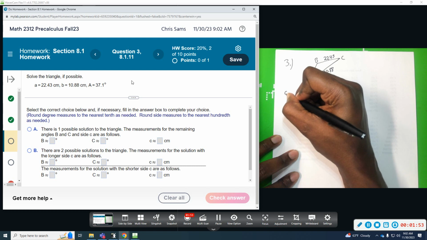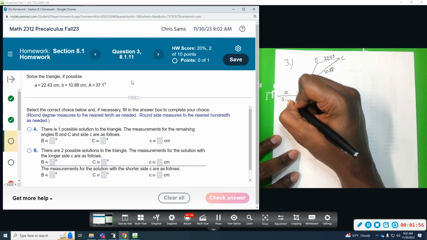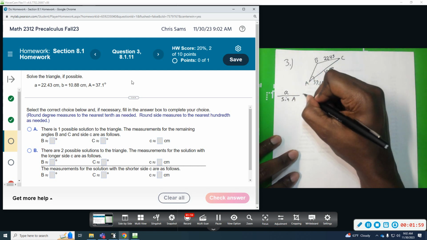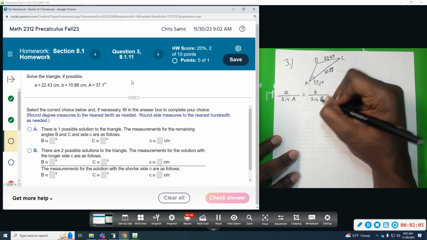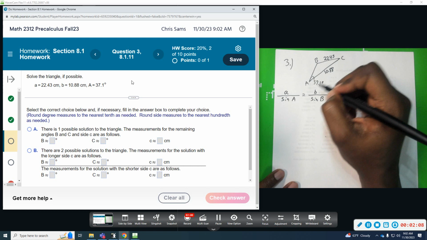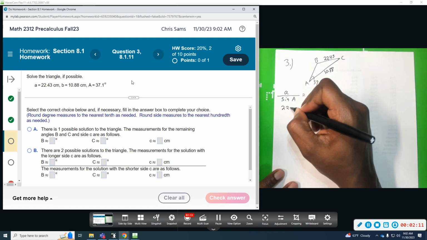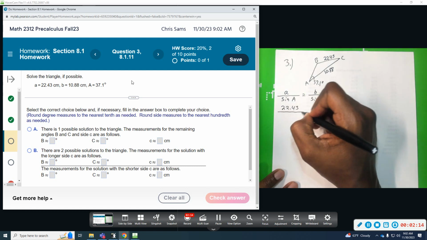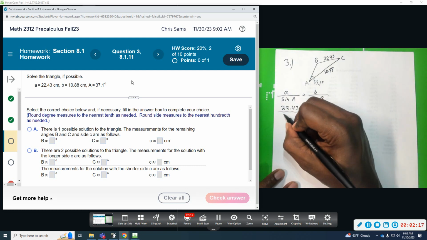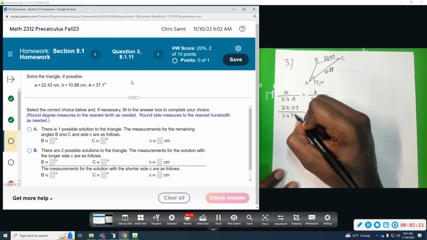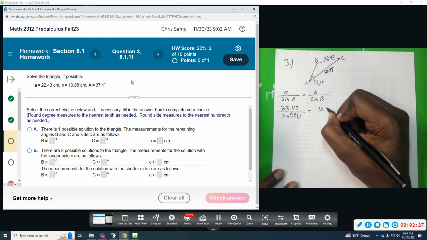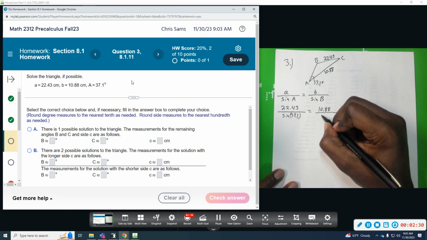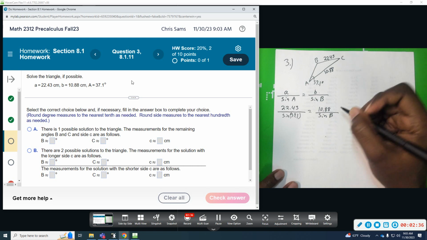So I'm going to do A over sine of angle A equal to B over sine of angle B. That's 22.43 over sine of 37.1 equal to 10.88 divided by sine of B, which we don't know.